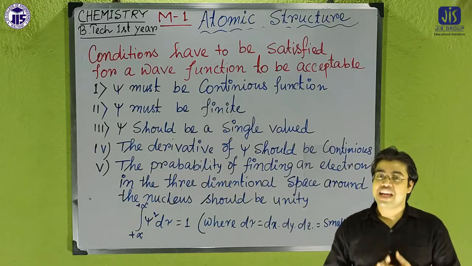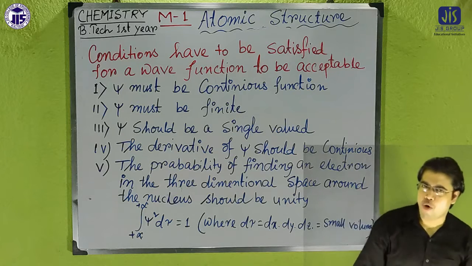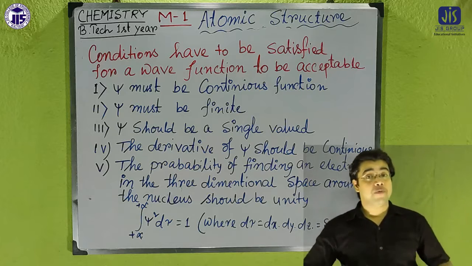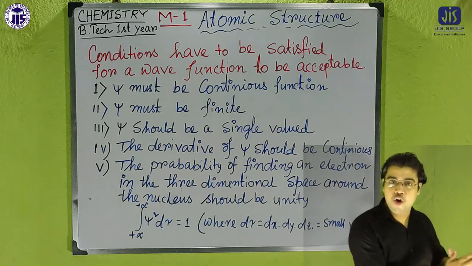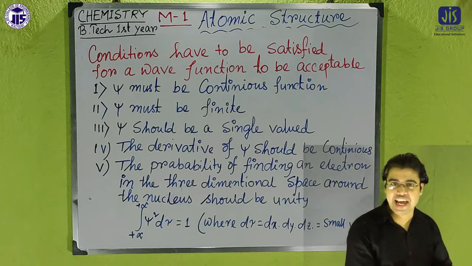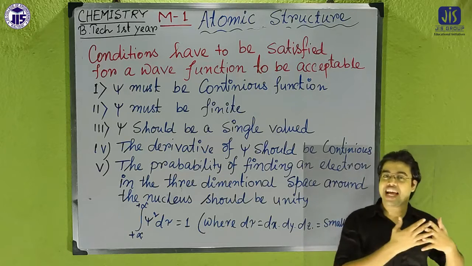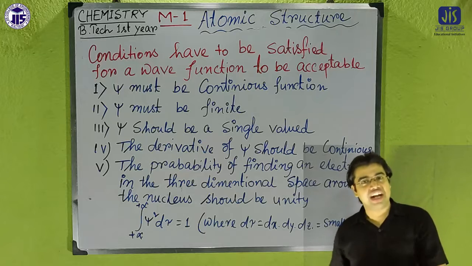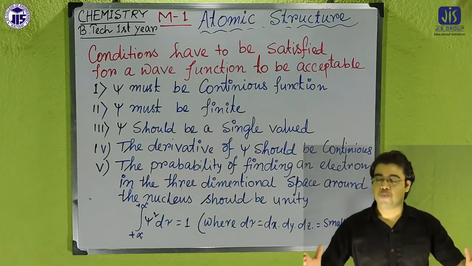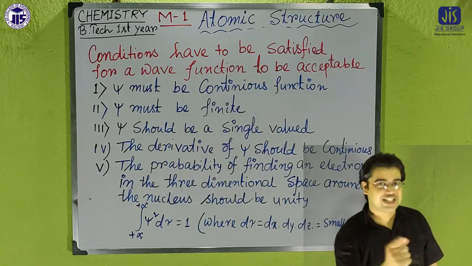Now students, come to the point: what are the shapes of the s orbital, p orbitals, that is px, py, pz, and the d orbitals, that means dxy, dzx, dyz, dx square minus y square, and dz square.